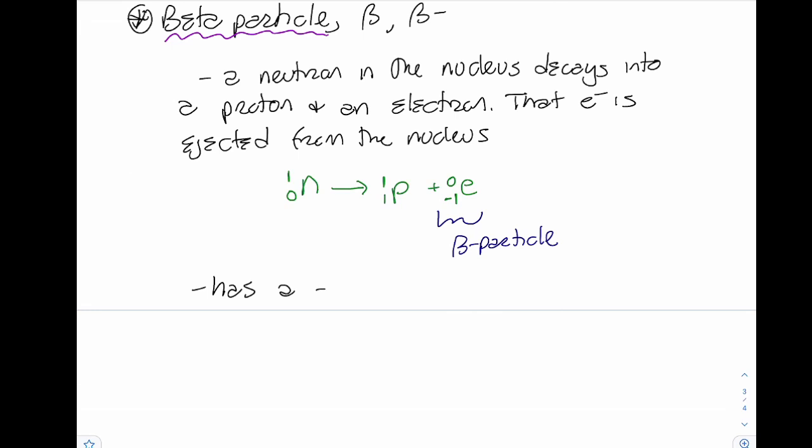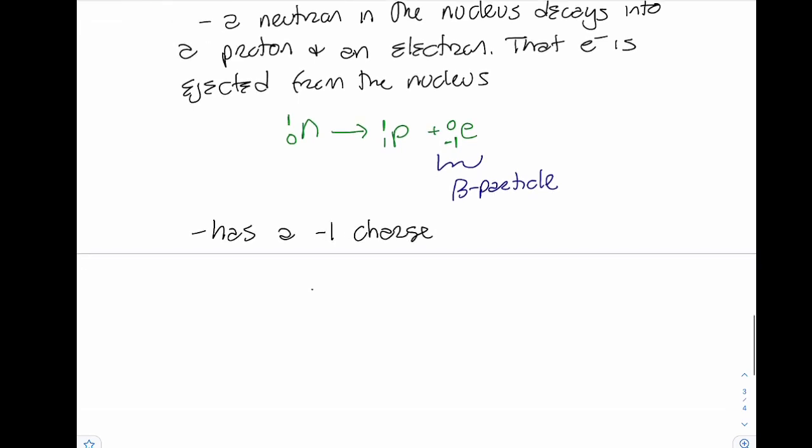And then our symbol when we're balancing it is going to be this. Sometimes the Greek letter beta is used. So if you see that, that's fine also. I do typically use the e for the electron, but again, if you're looking up other sources, you may see that also.